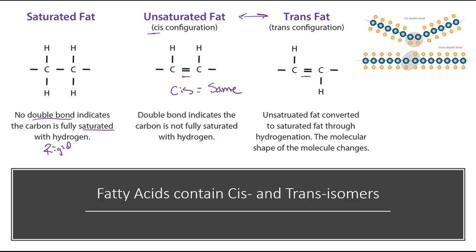Cis means that the hydrogens are on the same side of the carbons, and so if the carbon has the hydrogen on top and it's the same way in both carbons in the same double bond, then it is a cis configuration, and it's going to form a kink or a bend. It is less rigid, or more flexible.